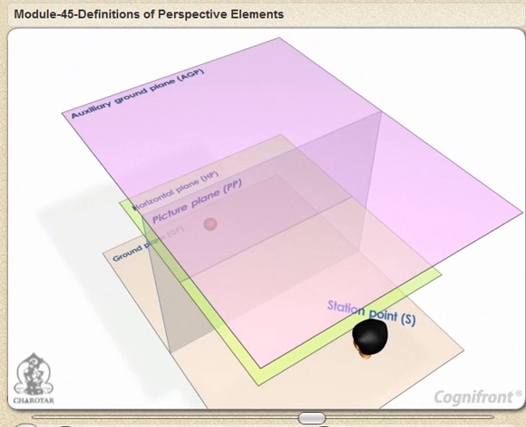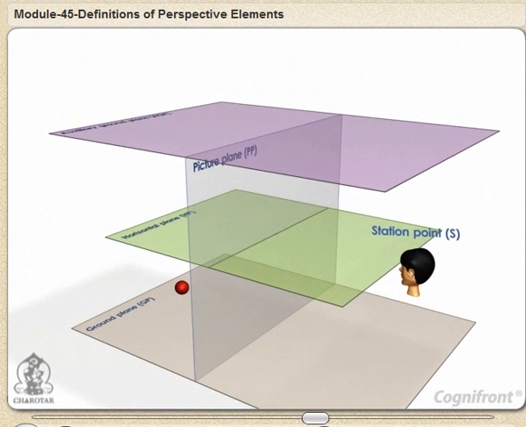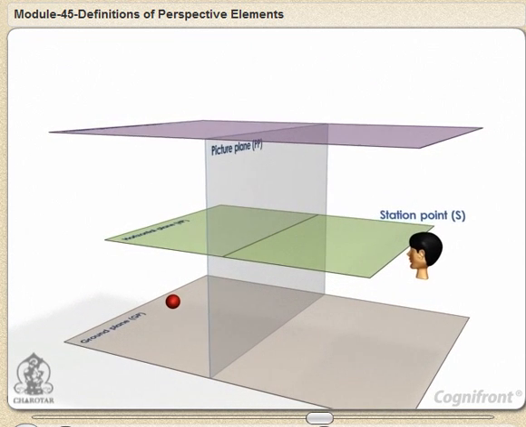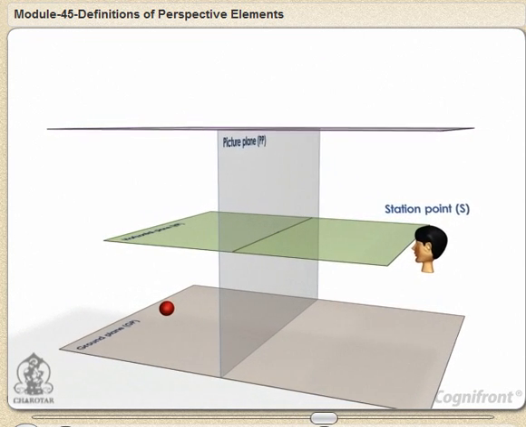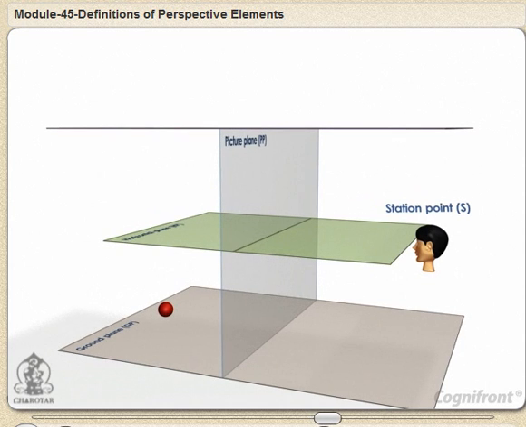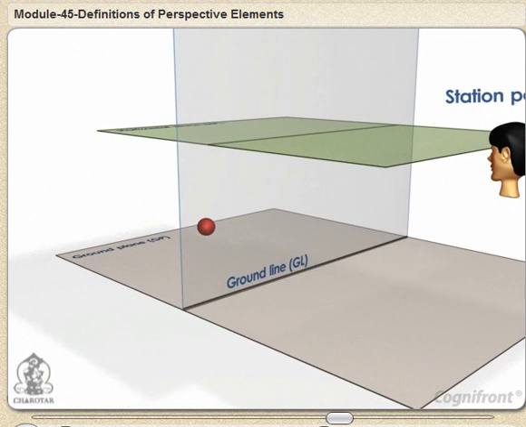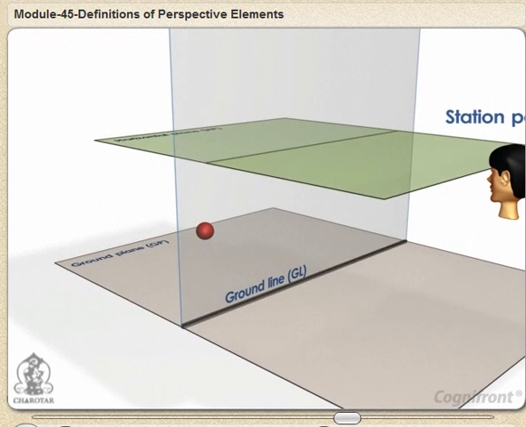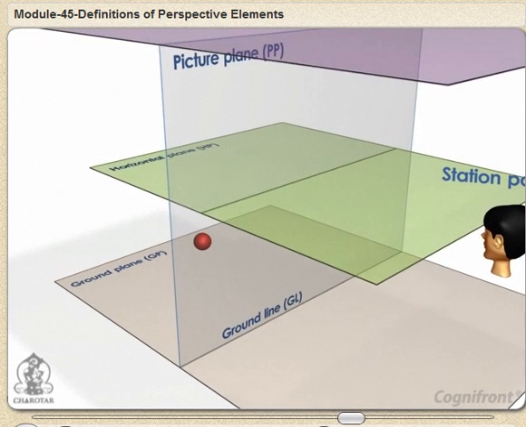It is a horizontal plane placed above the horizon plane. The top view of the object and of the perspective elements is projected on this plane. Ground line GL. The line of intersection of the picture plane with the ground plane is called the ground line.